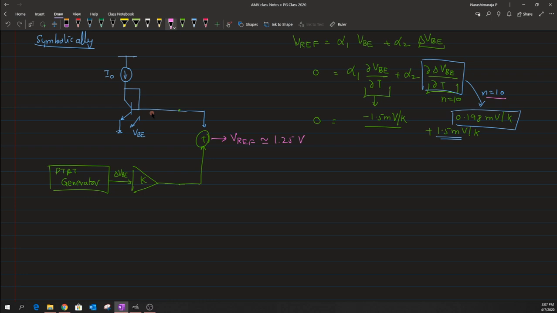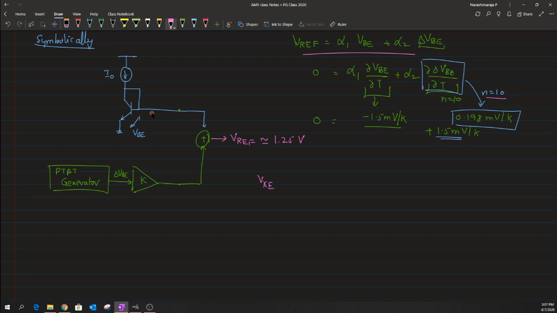So symbolically I have to add this negative temperature coefficient with the positive temperature coefficient terms in order to create a V reference which is completely independent of temperature. Okay. So now let me rewrite this expression of V reference which I have written down here.